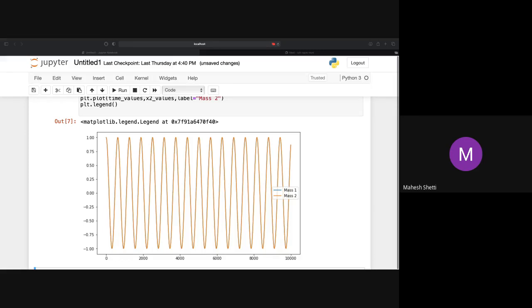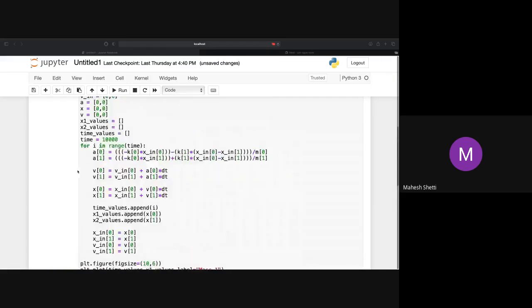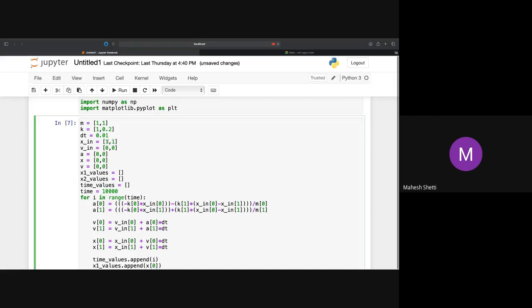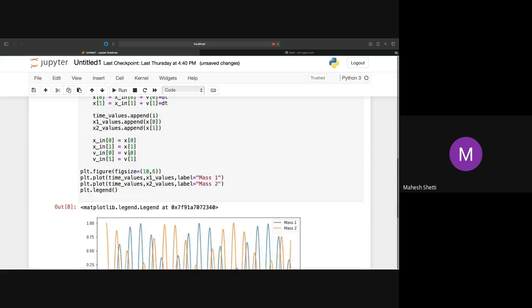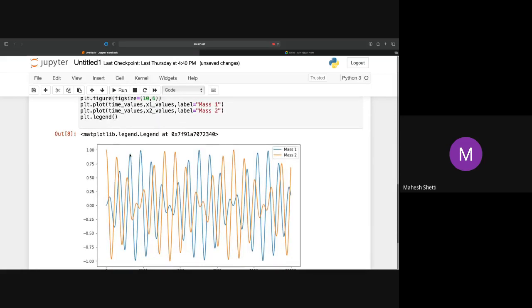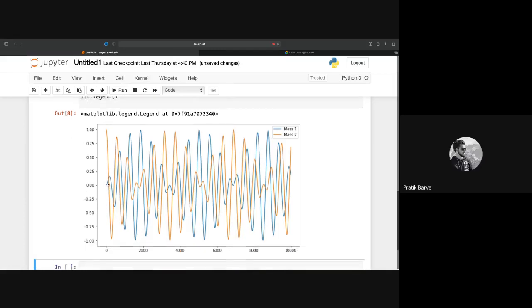Okay, so you can now play with all those numbers. You can change k prime and see what happens. Give asymmetric conditions like 1, 0. Yeah, so mass 1 was at rest initially. We displaced mass 2, and yeah, you can see.